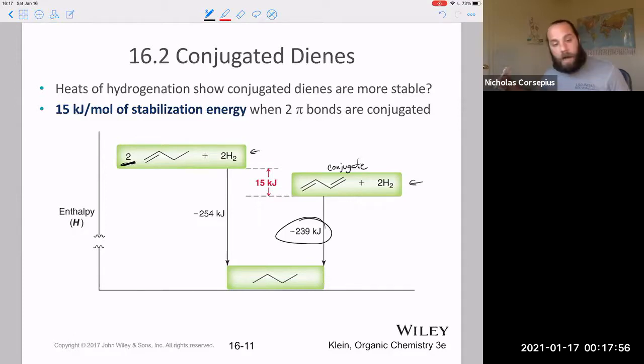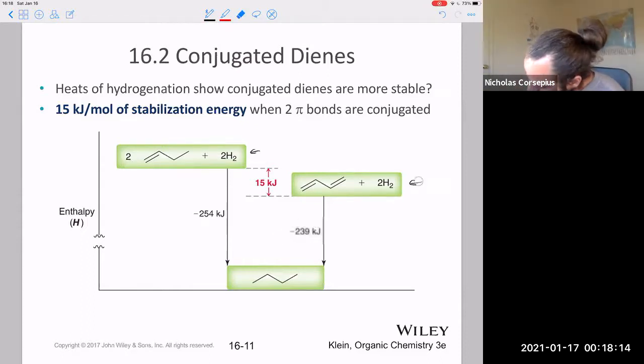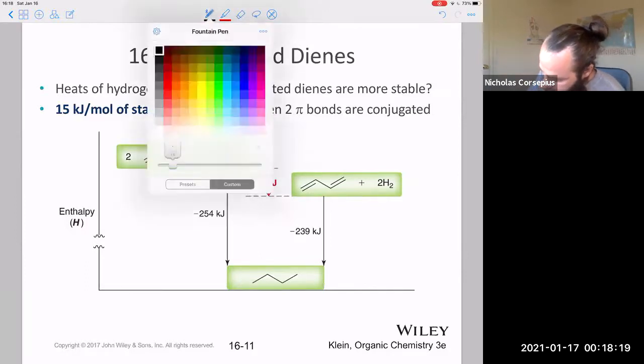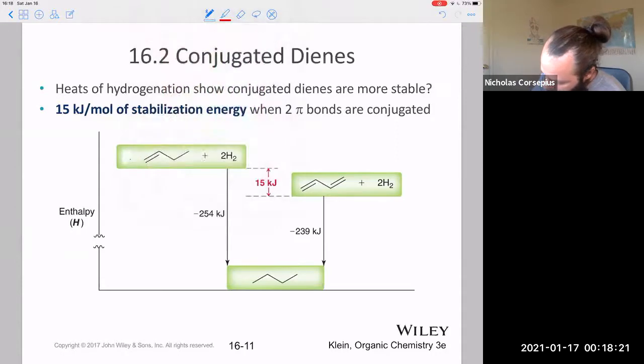Like we're saying, those electrons can go across that network of pi bonds. They want to spread out as much as possible. That's a low energy state. So by having conjugated pi bonds, you add this extra benefit of stability. Another, maybe better example would be if I took, for example, this compound here.